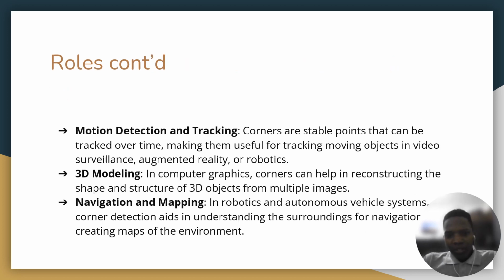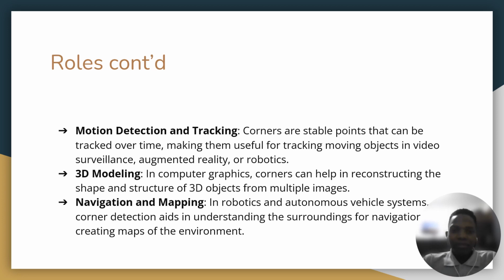And then last but not least, motion detection and tracking. Corners are stable points that can be tracked over time, making them useful for tracking objects in video surveillance, augmented reality, or robotics. Then 3D modeling. In computer graphics, corners can help in reconstructing the shape and structure of 3D objects.